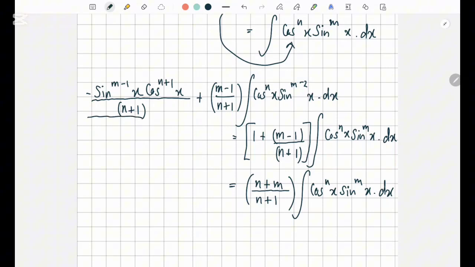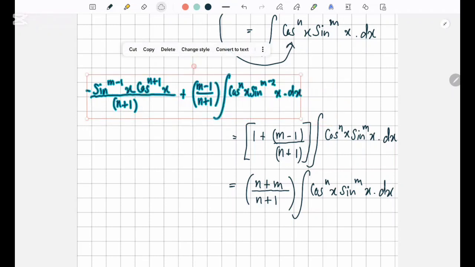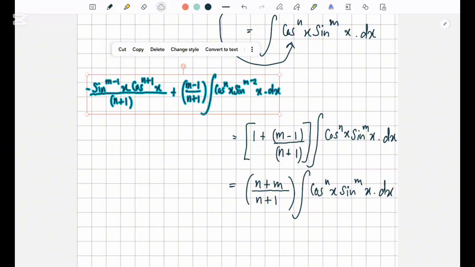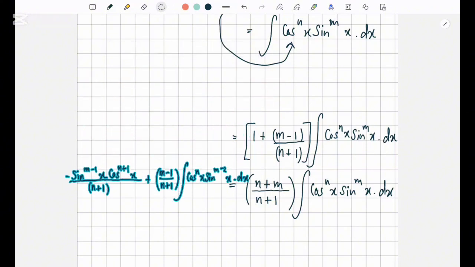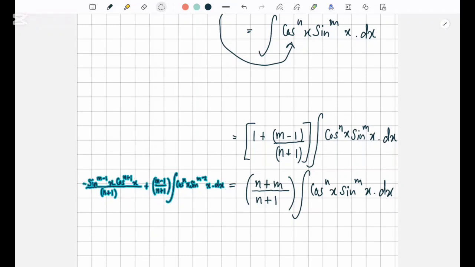We can just take these terms over here below. Let me take it down, make it a bit smaller, and drag it down there, just a bit smaller. Yeah, like that.